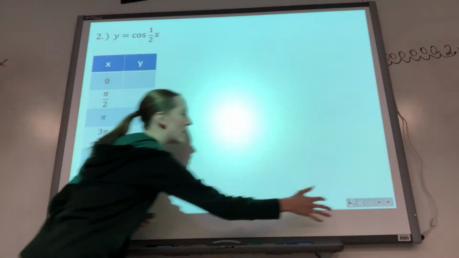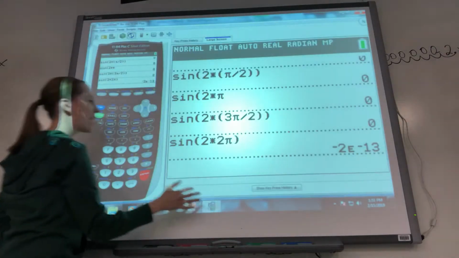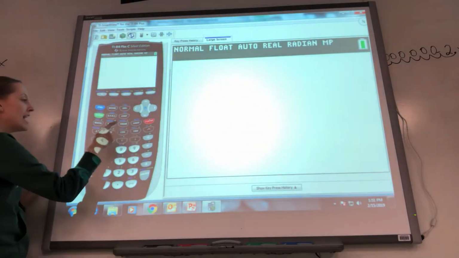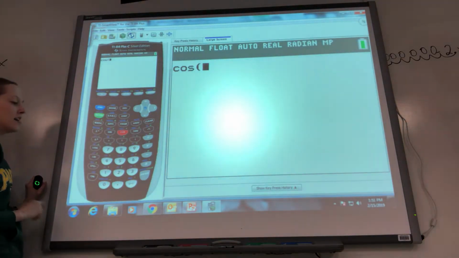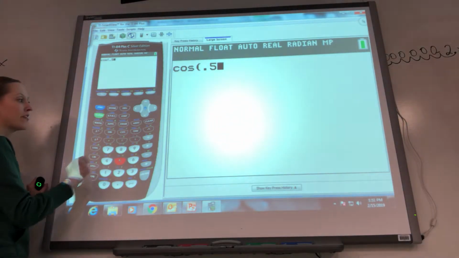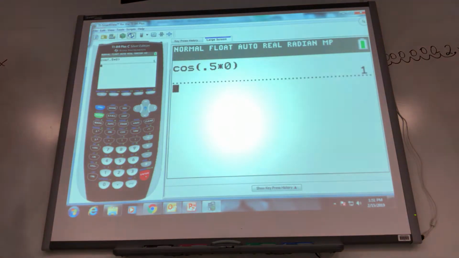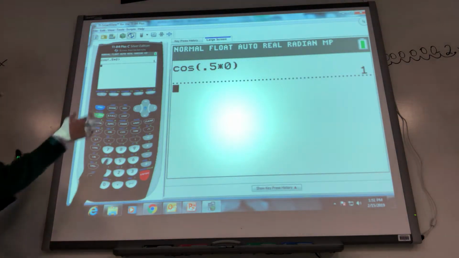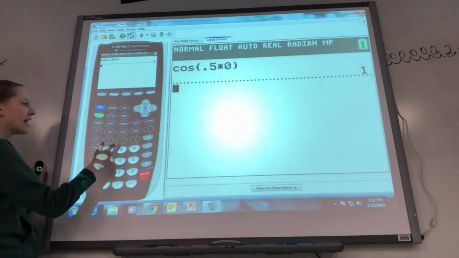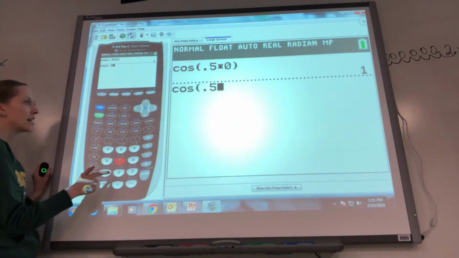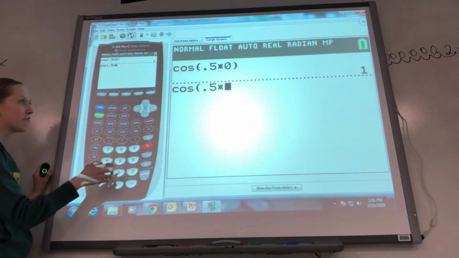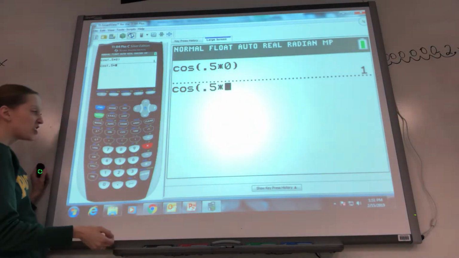So let me show you what this looks like on my calculator. I need to take cosine of 1/2 times 0. I mean, you could go ahead and multiply that out. That's the same as cosine of 0, which is just 1. Then I need to take cosine of 1/2 times pi over 2.